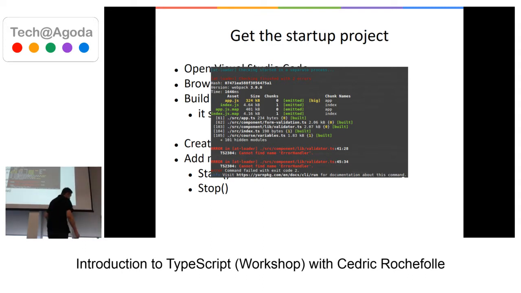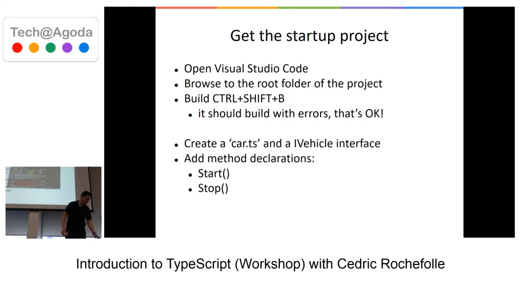So you remember the code I was showing earlier and I mentioned wasn't there. The purpose of the workshop is to recreate that. We are going to create the car, we are going to create the IVehicle interface, we are going to create the supercar. So here you can create a new file in the folder source/course/cars.ts.